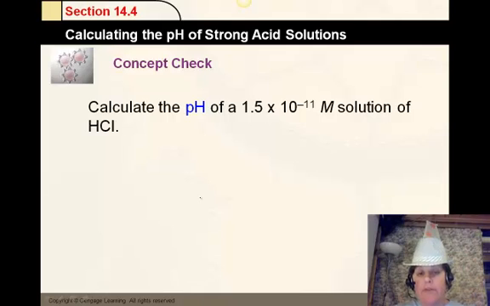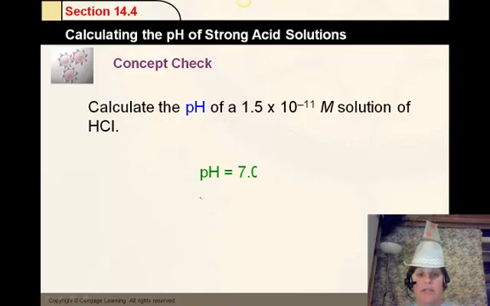Well, don't forget, the other species in solution besides hydrogen and chloride is water. Water has a hydrogen ion concentration of 1 times 10 to the negative 7 because of Kw. So that actually is the major contributor of hydrogen ions. It's more concentrated than the one you see here.